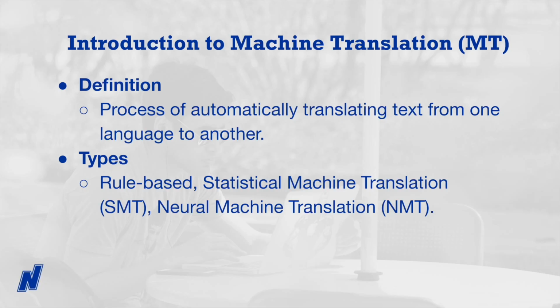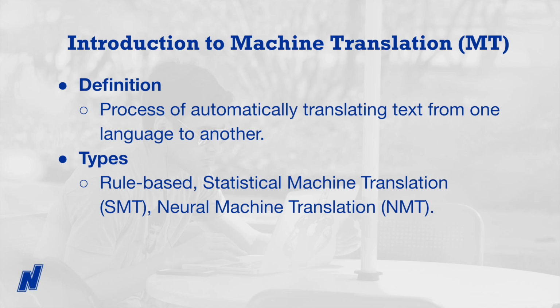Machine translation refers to the automated conversion of text from one language to another. It has evolved through 3 primary phases: rule-based systems, which rely heavily on predefined grammar rules; statistical machine translation, SMT, which uses probabilistic methods and aligned bilingual corpora; and neural machine translation, NMT, which utilizes deep learning models for more accurate and fluent translations.